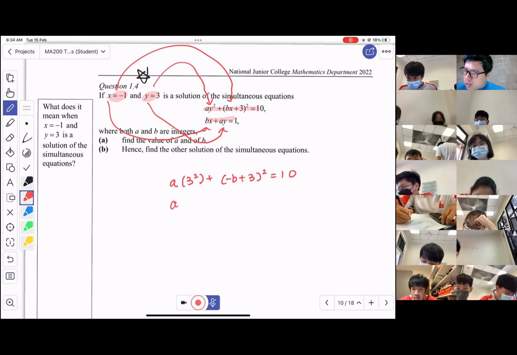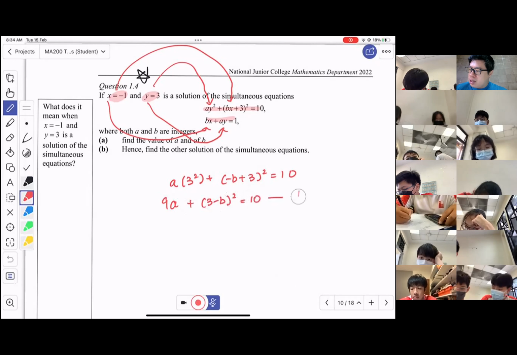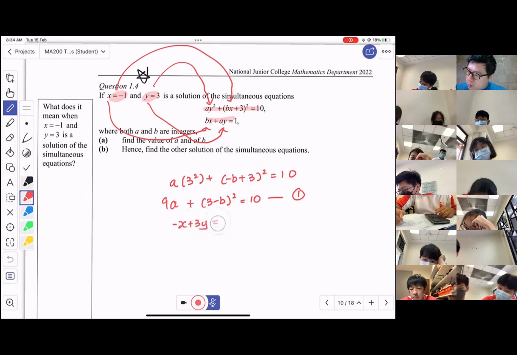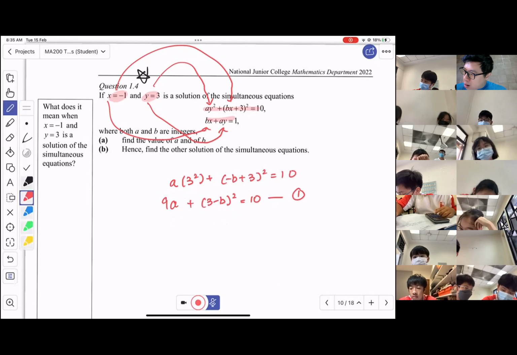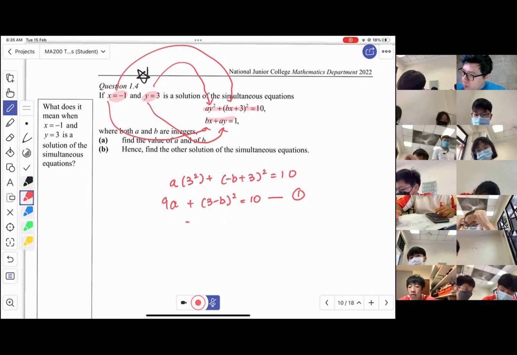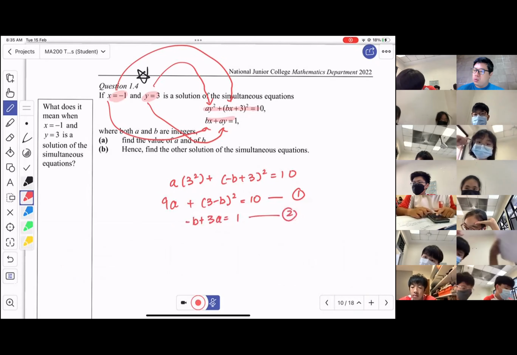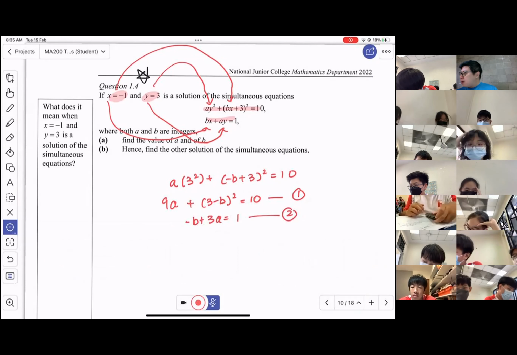Typically, I like to put the positive things in front, so I write it this way, so it's easier for manipulation. That can be equation 1. The second equation, negative x plus 3y equals 1. Sorry, negative b plus 3a equals 1. That can be equation 2. If you solve these two, you should get your a and b.